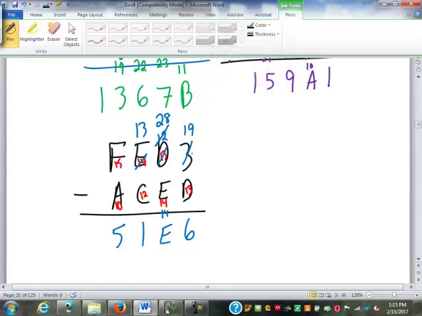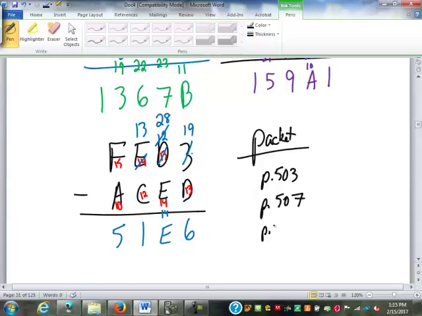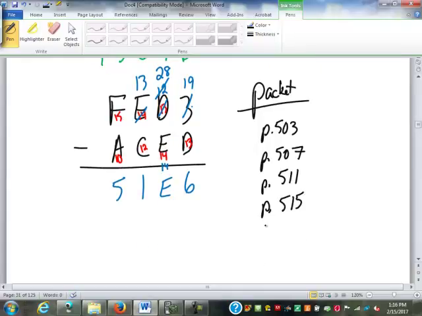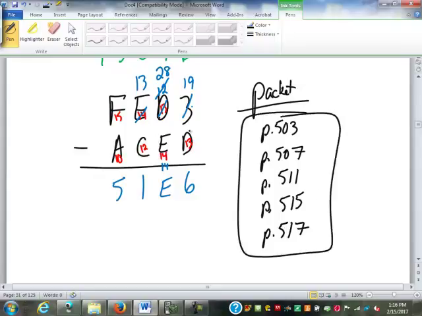Okay, so in your packet, you've got pages 503, 507, 511, 515, and 517. Just look through the odds.